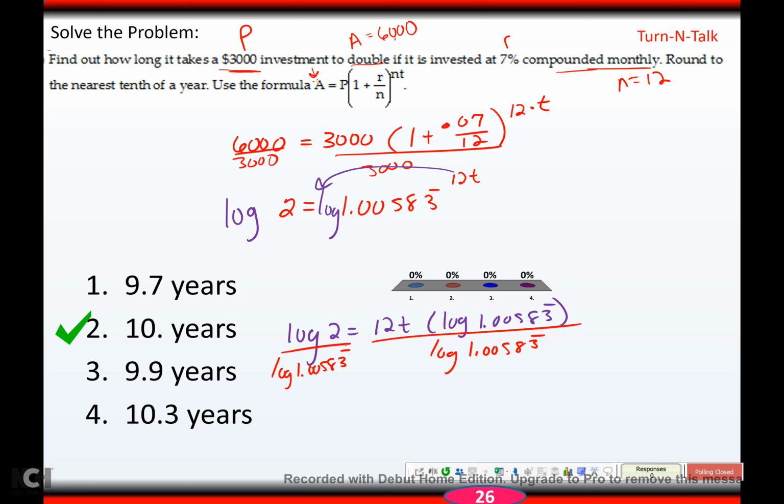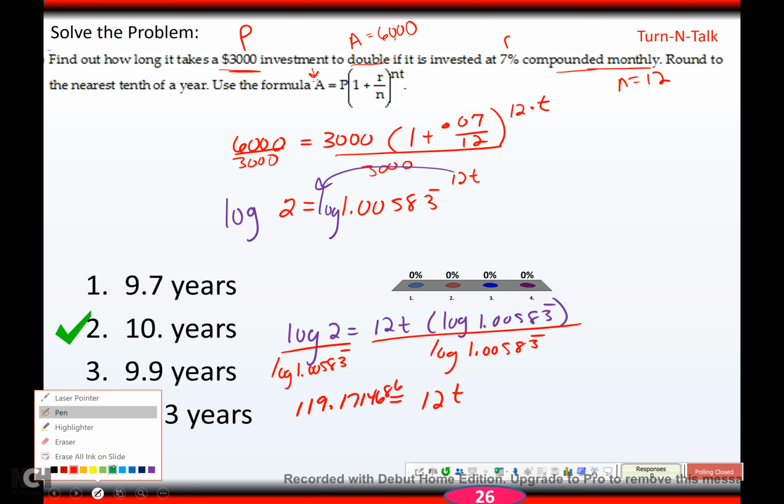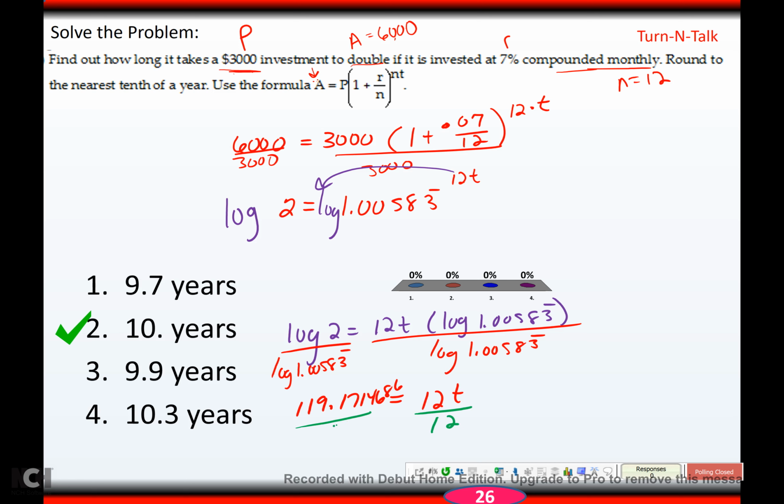I get 12t equals 119.1714686. To get t all the way alone, I'm going to divide by 12 now. Divided by 12, and I get t equals 9.9309, blah, blah, blah. Ooh.